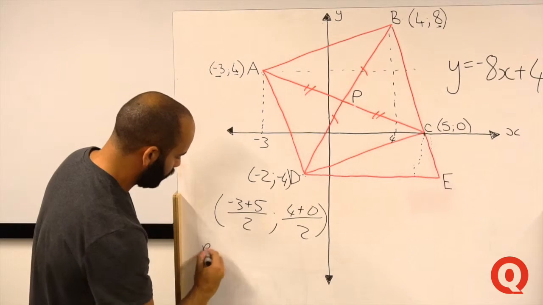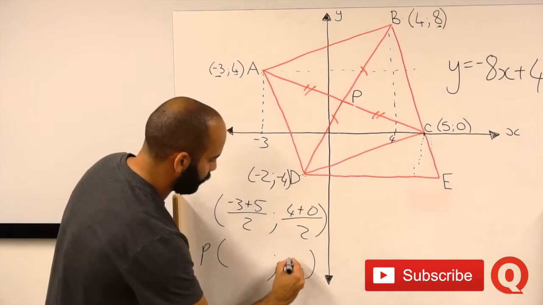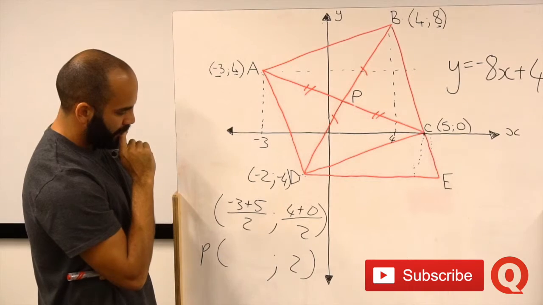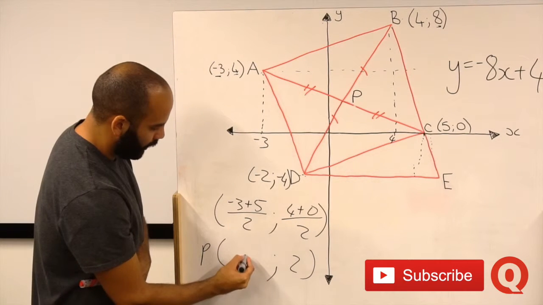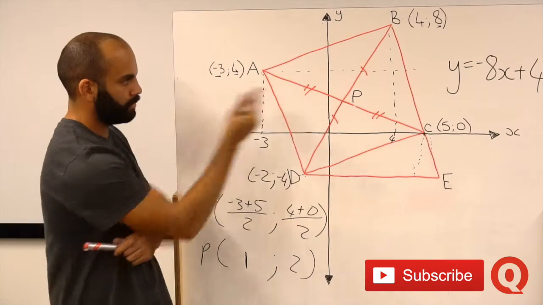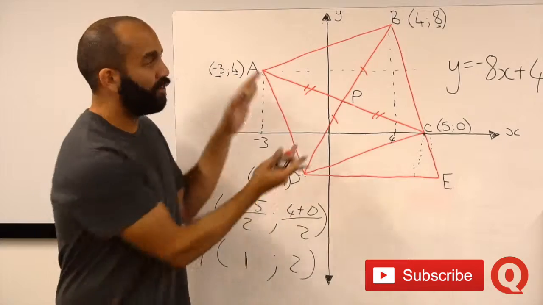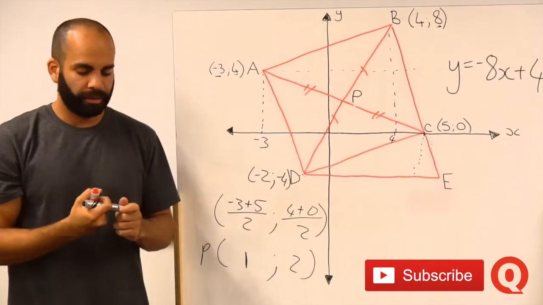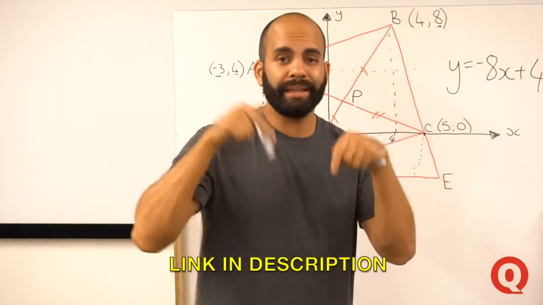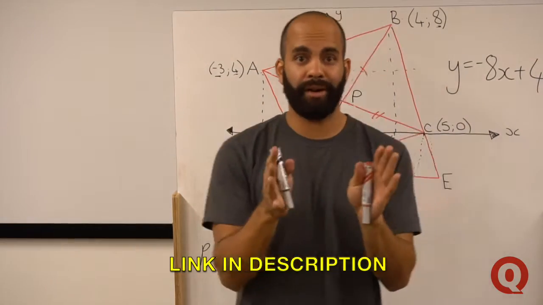So point P would actually end up being positive 2 on the y-axis and 1 on the x-axis. As simple as that, because you understood the properties of a parallelogram. If you're unfamiliar with the properties of parallelogram, there's a link in the description that you can have a look at the simple properties of a parallelogram.